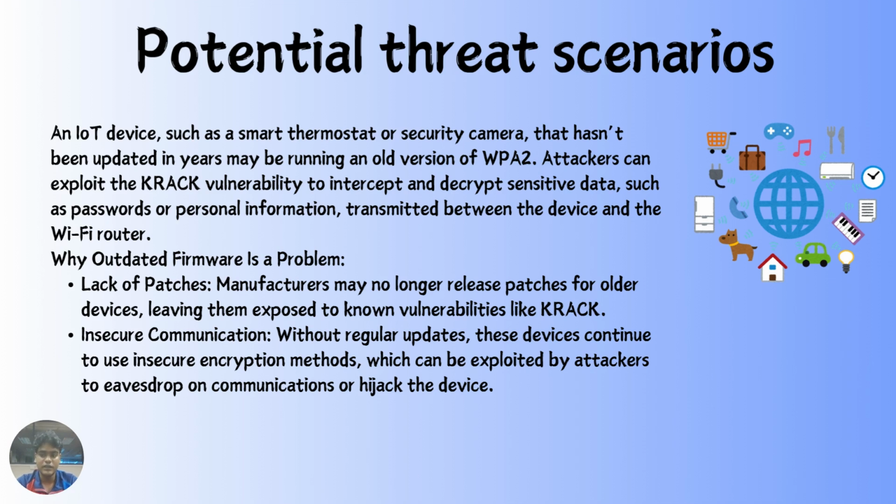So by regularly updating your firmware, you ensure IoT devices receive updates, or upgrade to newer Wi-Fi security protocols like WPA3 that are designed to protect against KRACK and similar attacks. For example, when you're connected to a public Wi-Fi network, you can use a VPN that can add an extra layer of security even for devices with outdated firmware.